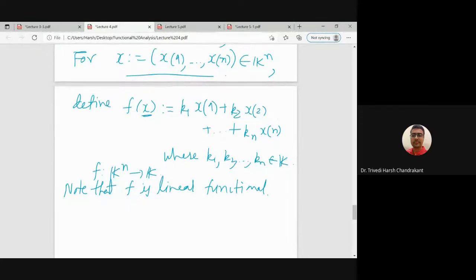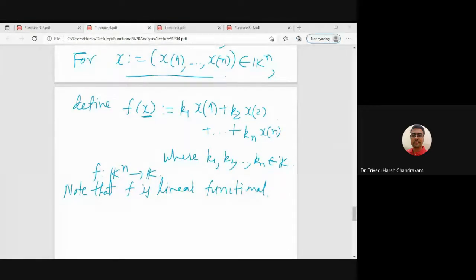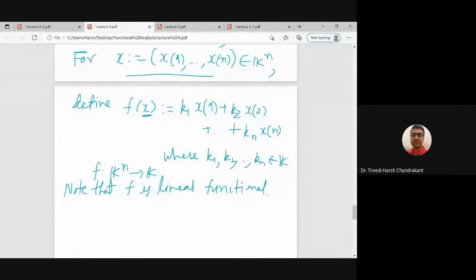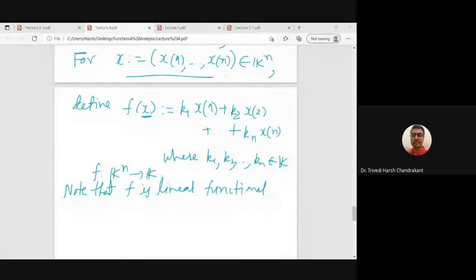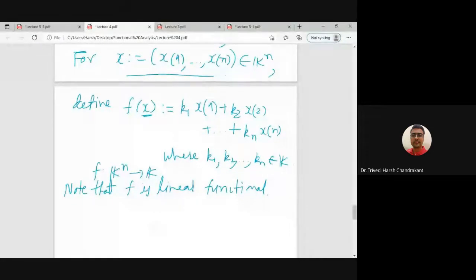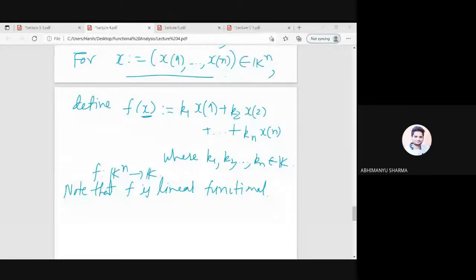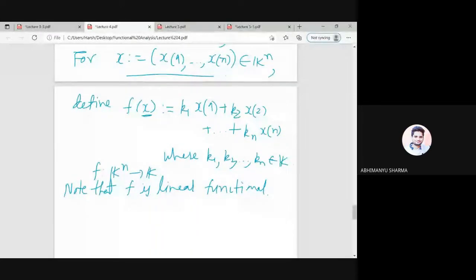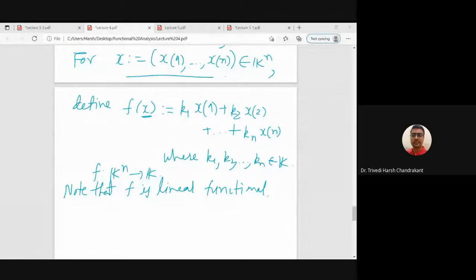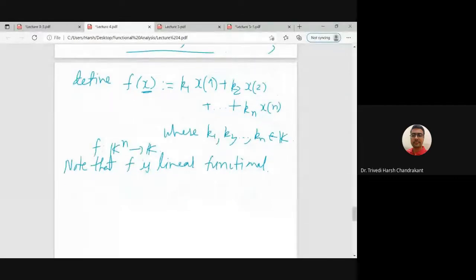So is it clear that this is a linear function? Vaibhav, is it clear? Yes, sir. Okay. So for example, if we take two elements, we can check that it preserves addition.